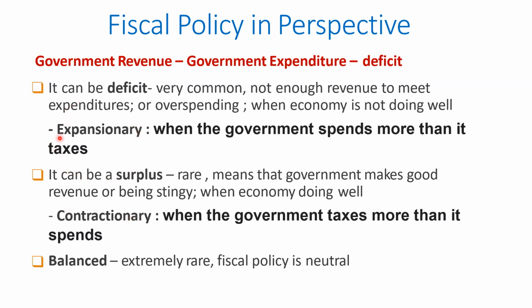Fiscal policy is expansionary when the government spends more than it taxes, and contractionary when the government taxes more than it spends. The present government is trying to introduce these contractionary policies, but up to now we may not have been able to achieve this objective.